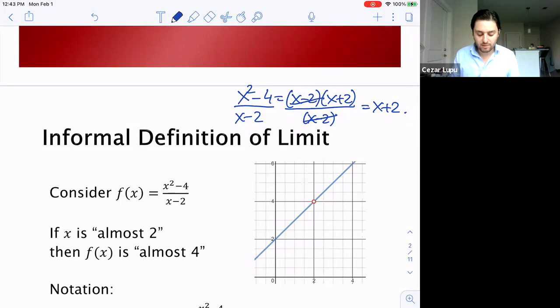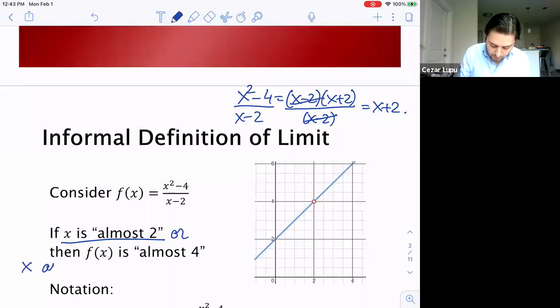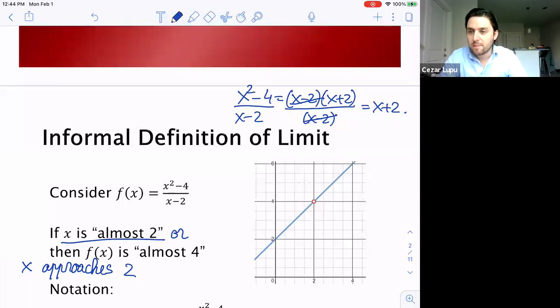So that's why we say x is almost 2. We can say that x approaches the number 2. Well, you see, it's in a neighborhood of that number 2. It's very, very close to the number 2, but it's not equal. So that's what we mean when we say that if x is almost 2, well, x approaches 2.